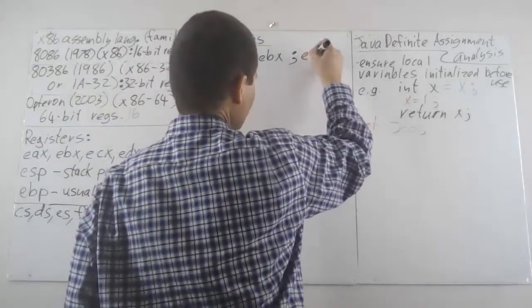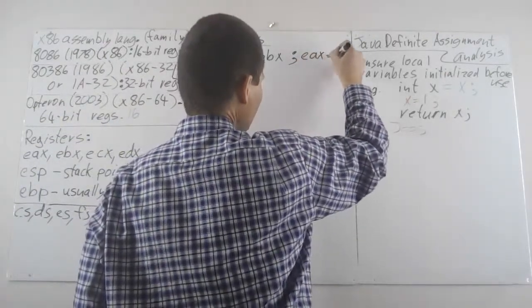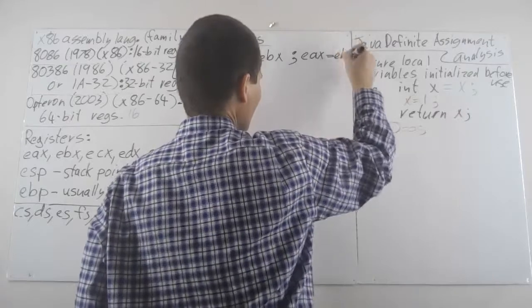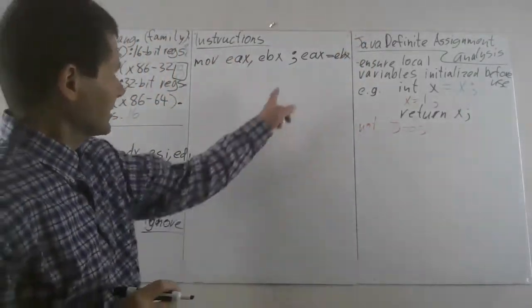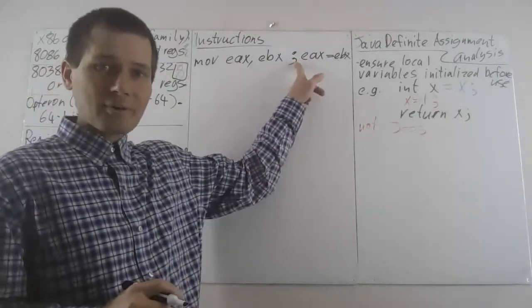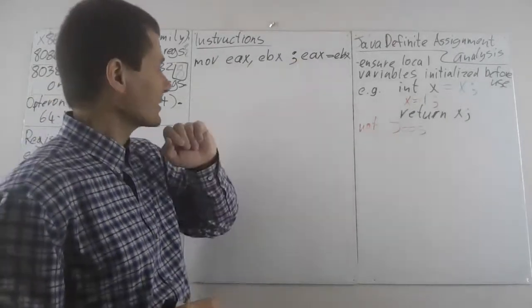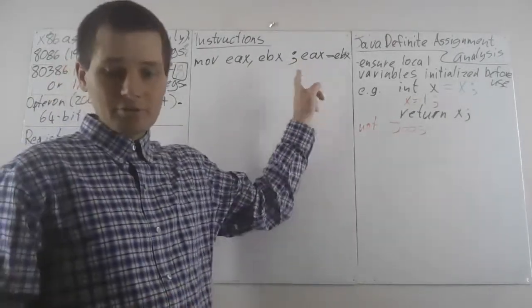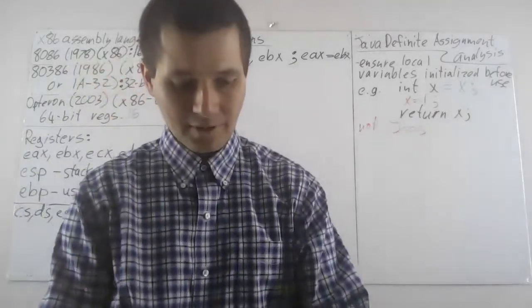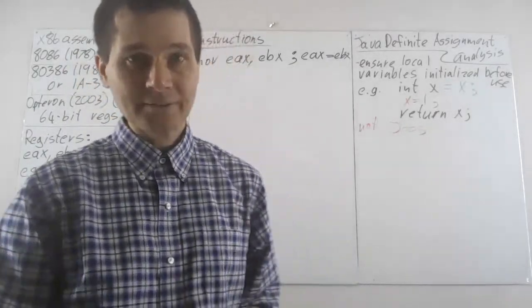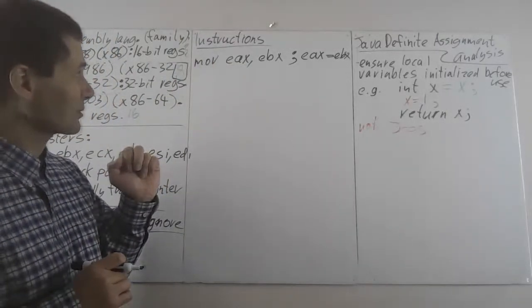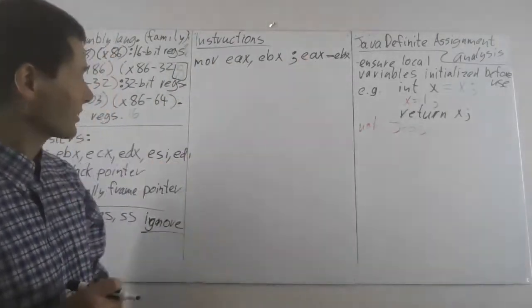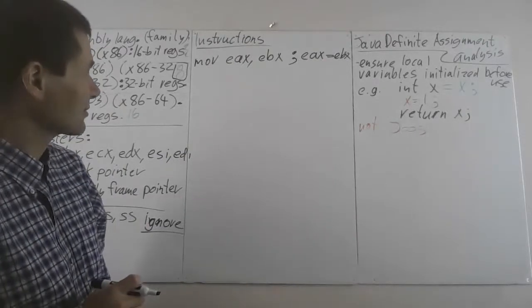I'm going to write the C pseudocode of each instruction on the right. The semicolon is for a comment in x86 assembly. So you should make your compiler output comments so that you can debug your assembly language code. Here I've just got a comment that says what this instruction does.